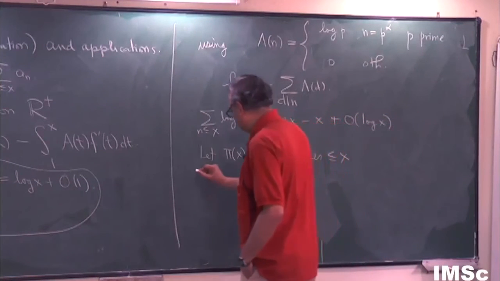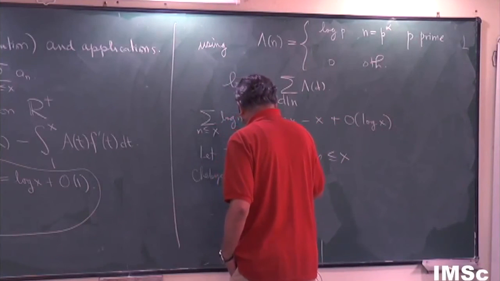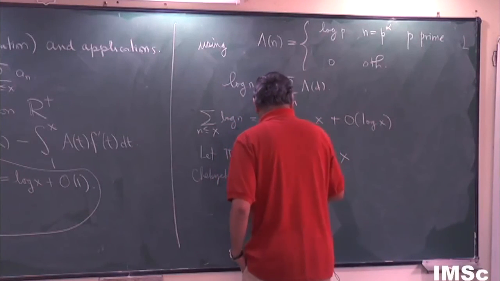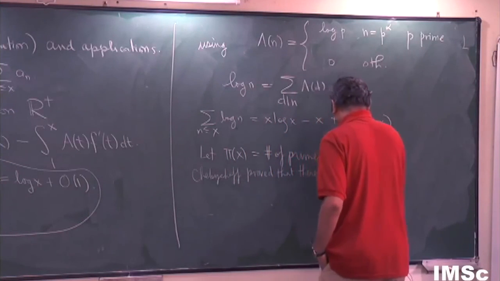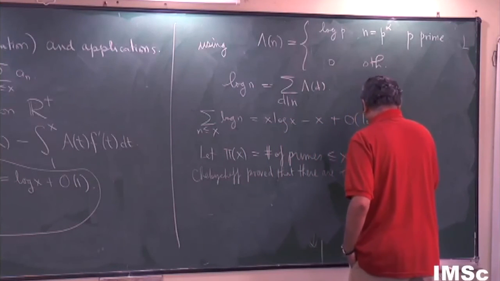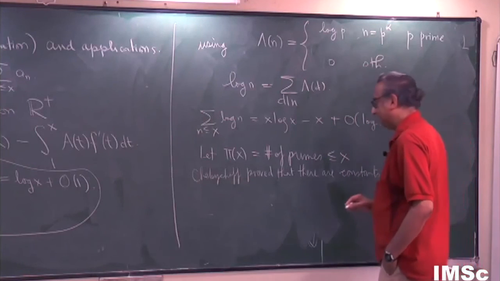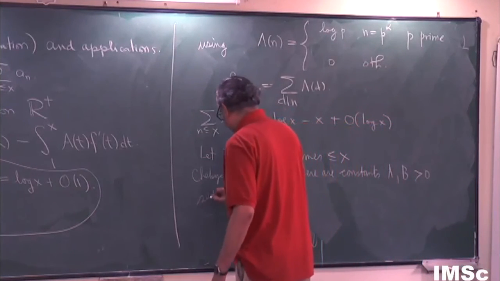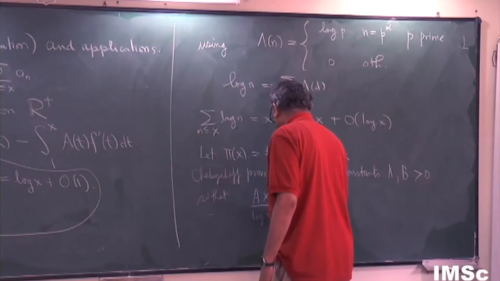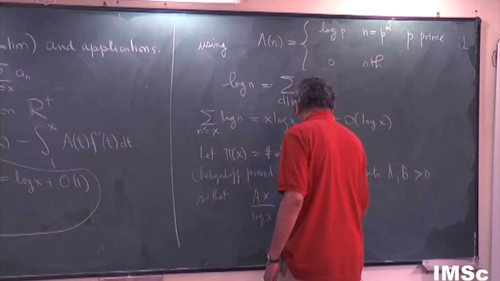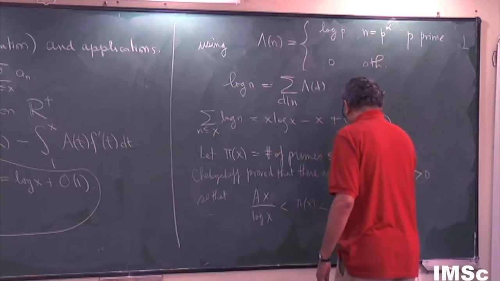Chebycheff proved that there exist constants A and B positive, so that A x over log x is less than pi of x is less than B x over log x.